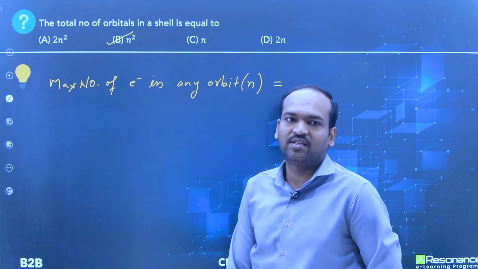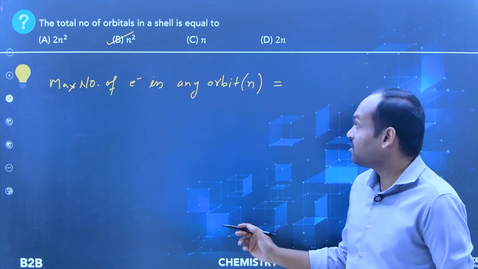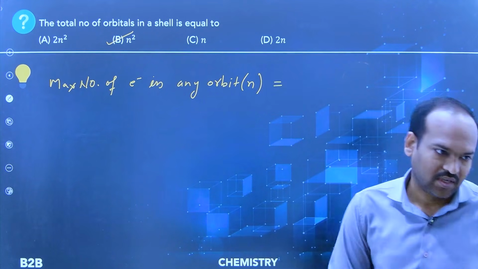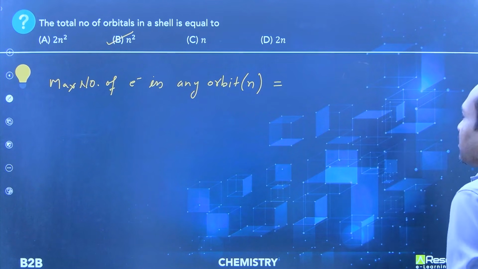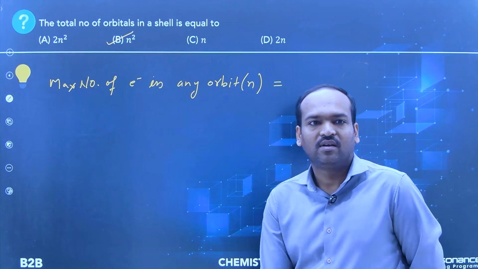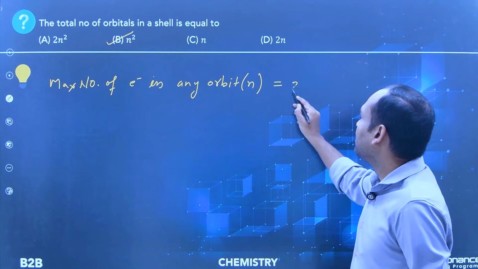How to answer this? Maximum number of electrons in any shell is 2n square.